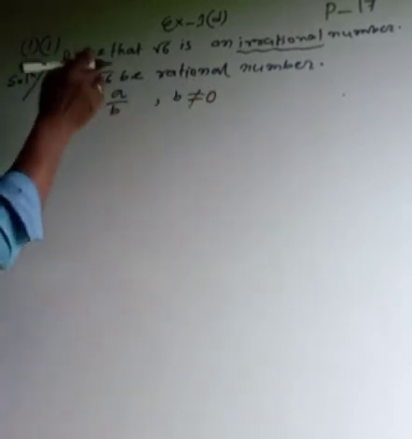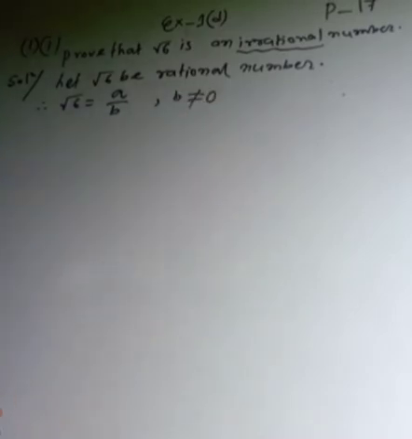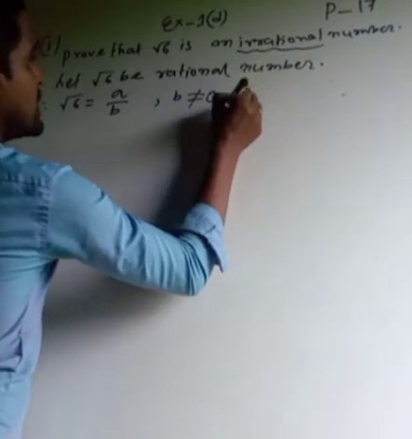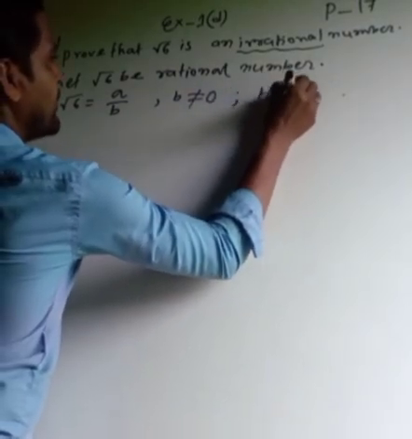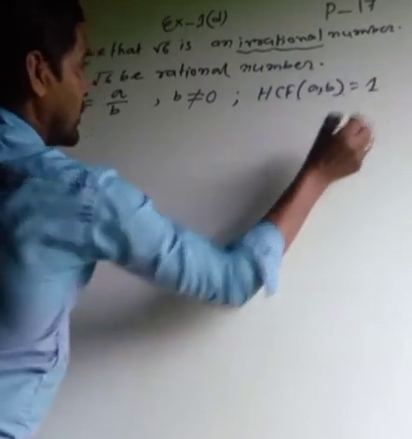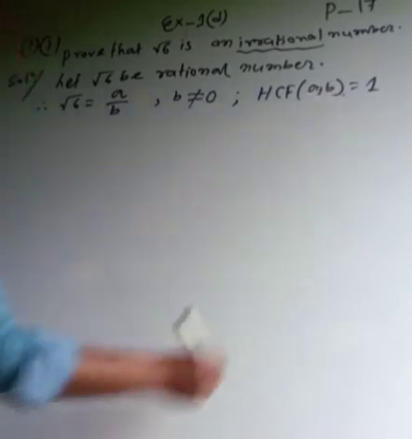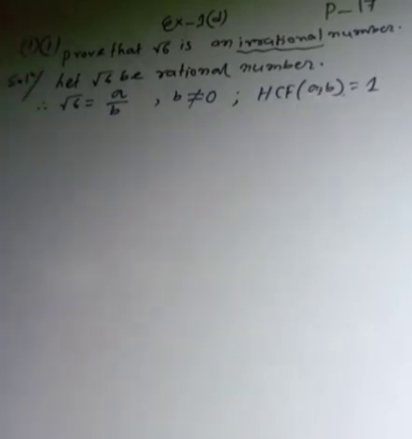The b value cannot be 0, and also a and b are co-prime. Co-prime means HCF of a, b will be 1 only. It means a and b can be divided by only 1, except 1 you cannot divide by any other positive integers or any other numbers.